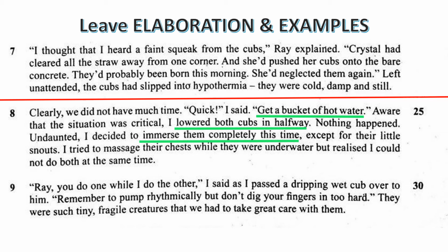Except for their little snouts, that is huraian, elaboration, isn't it? So we leave it behind. Let's look at the next sentence. I tried to massage their chests while they were underwater, but realized I could not do both at the same time. So, tried to massage their chests while they were underwater. While they were underwater is important because remember they were lowered in the hot water.